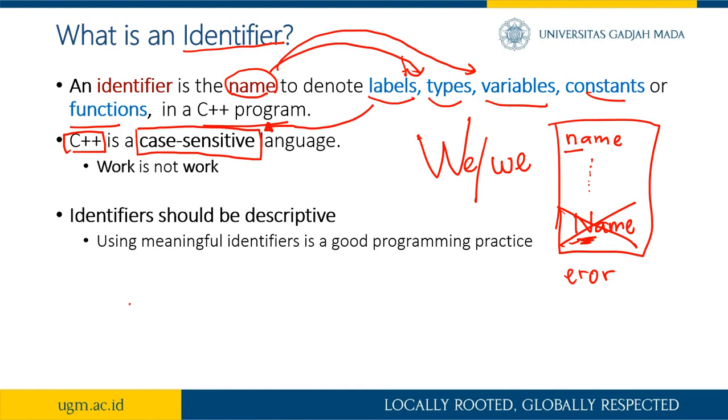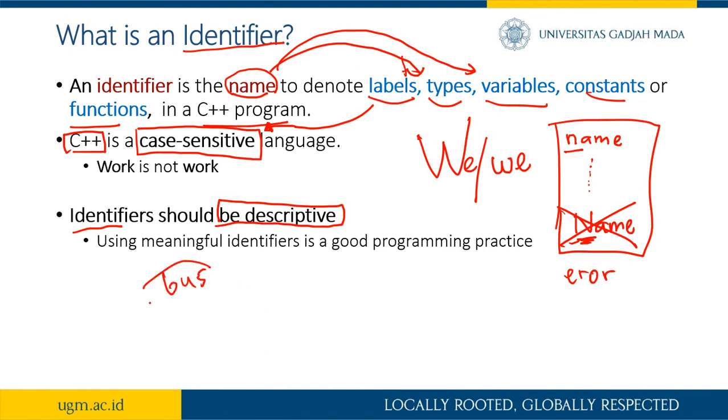Identifier is the name for the labels, type, variables, constant, and etc. Also, the identifier must be descriptive. So please avoid something that will be meaningless or ambiguous, something like bus maybe.